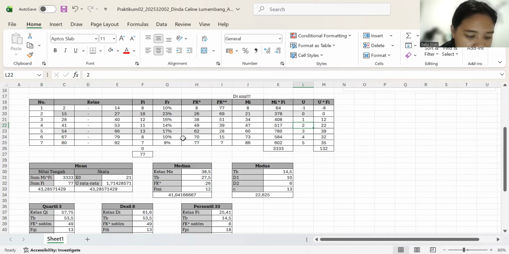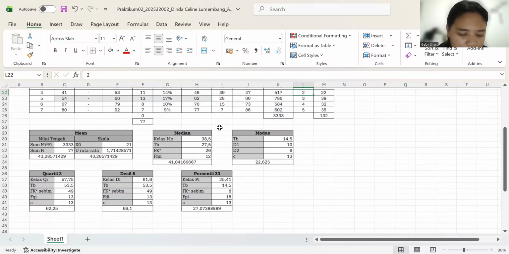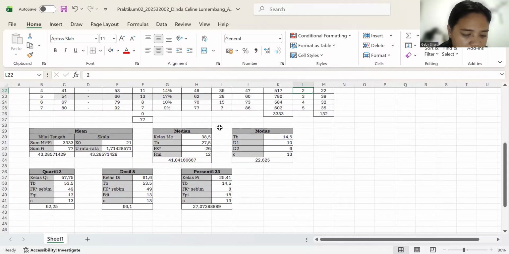The second method uses the coding scale, where the value is obtained by multiplying the class width by the mean of u, then adding the result to x0, the assumed mean.